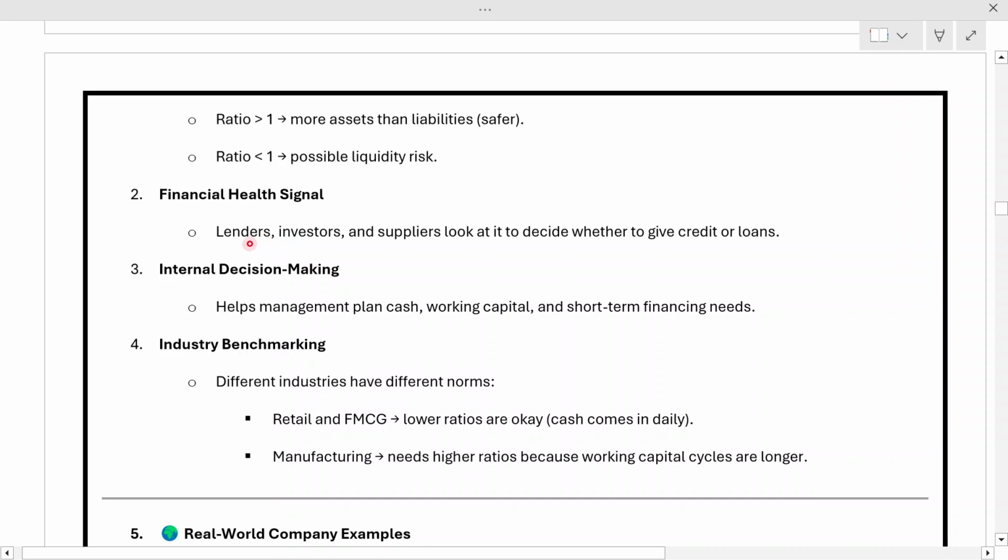Similarly, this helps vendors, lenders, and other people to see the creditworthiness of the company as well. Management can also decide based on it where they need to plan their cash. Cash is a component of current assets, so they can plan on that.